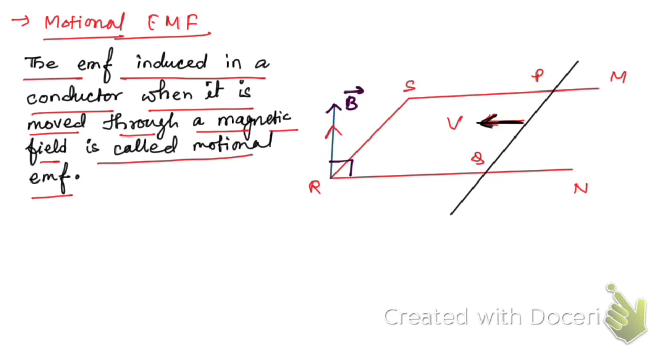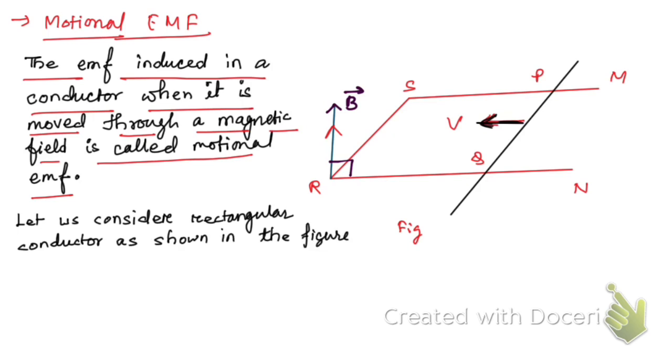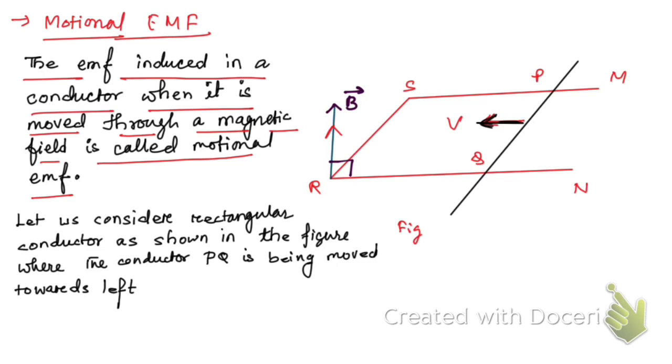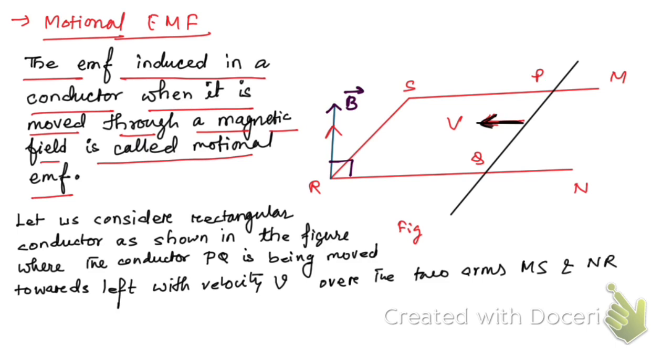Now let us consider this figure, the rectangular conductor shown in the figure, where the conductor PQ is being moved towards left with velocity v over the two arms MS and NR of the frame MSRN.